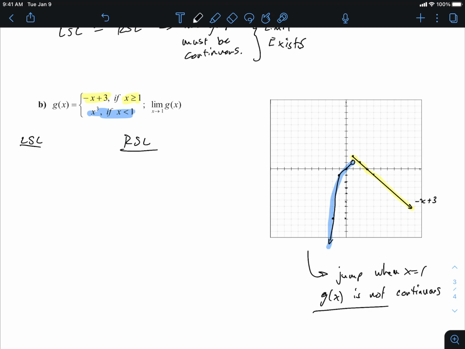So we're gonna check both of these as x approaches 1 for g of x. So the limit as x approaches 1 of g of x, right? That's what I'm checking. So on the left side, I'm dealing with the blue function.